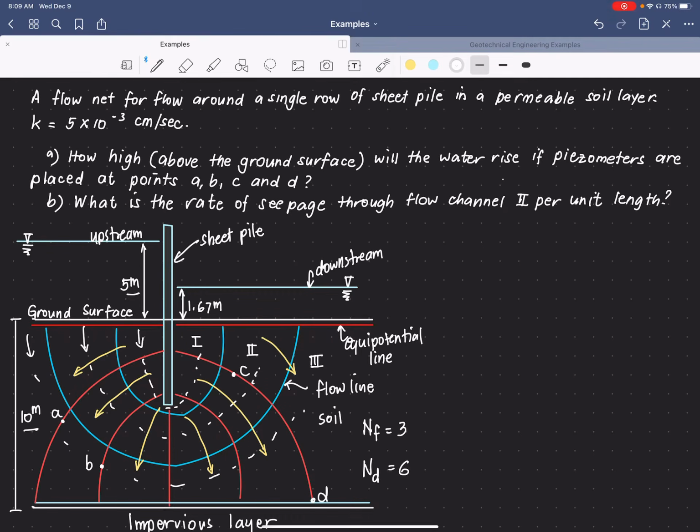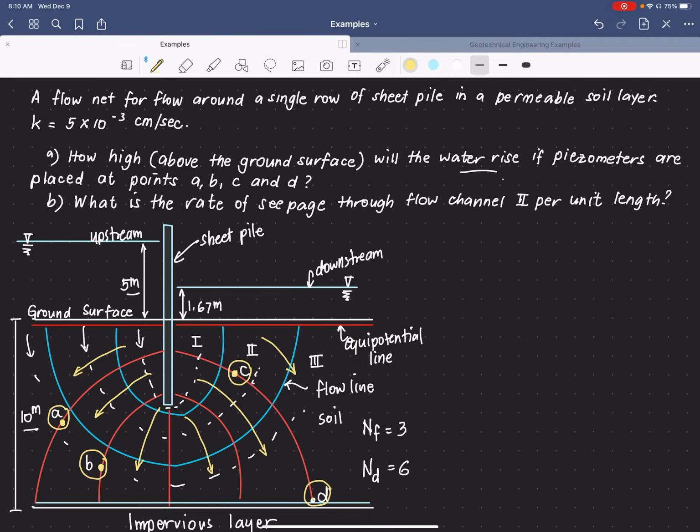Okay, so in this example, we are asked to solve for the height from the ground surface that the water will rise if piezometers are placed at several points, such as point A. Let us emphasize point A here, and point B here, and then point C, and we have point D. Then the second question is the rate of seepage through the flow channel 2 per unit length.